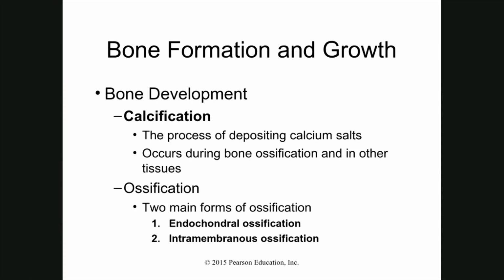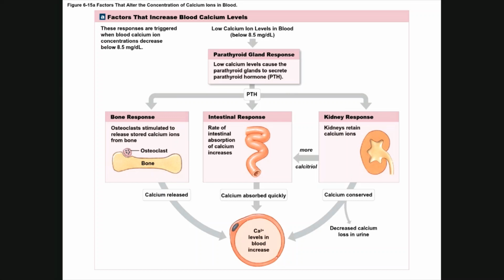And here it shows you the hormone PTH. How it works is it tries to increase your blood calcium, stimulates osteoclasts, increases absorption in the small intestine, and tells the kidney to conserve or take back calcium.